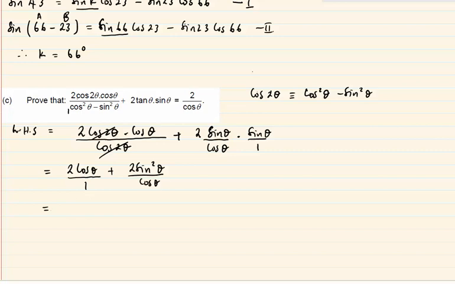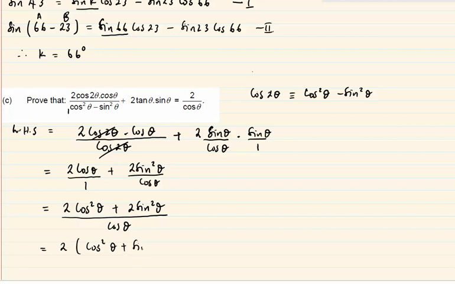The lowest common denominator, or LCM if you like, is going to be cos theta. So we have cos squared theta plus 2 sine squared theta, and that whole thing is going to be over cos theta. Alright, so we factor out a 2 and we'll have cos squared theta plus sine squared theta, and this thing is going to be divided by cos theta.